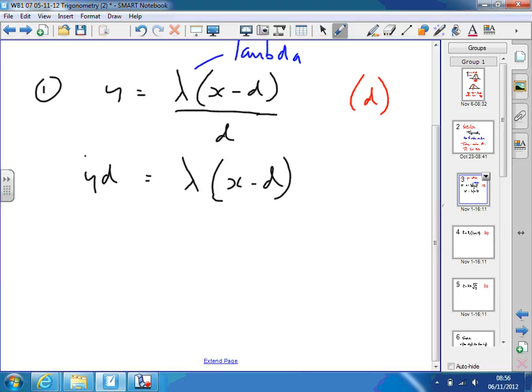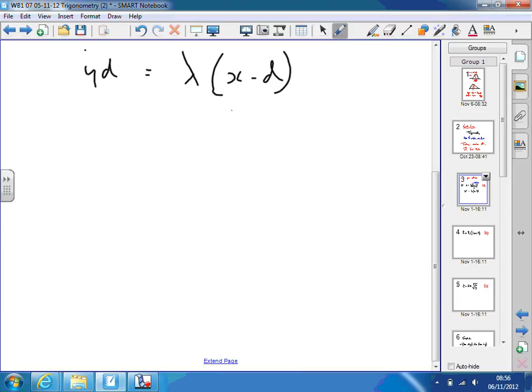I can either multiply out this bracket on the right-hand side, or I can divide by lambda. And I'm going to go through it both ways, and then you can decide for yourself which way to use. We'll compare the answers and see that they are actually the same. So the first way I'm going to do it, let's divide the board into two parts, so I can go down the two routes.